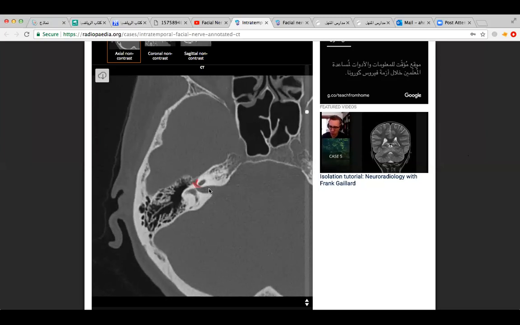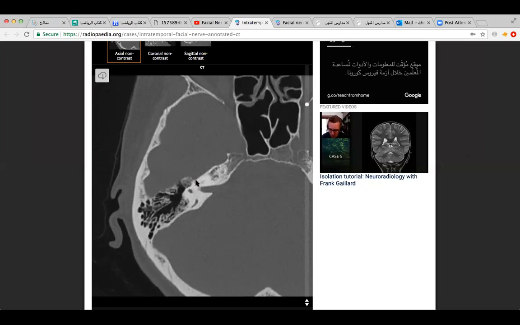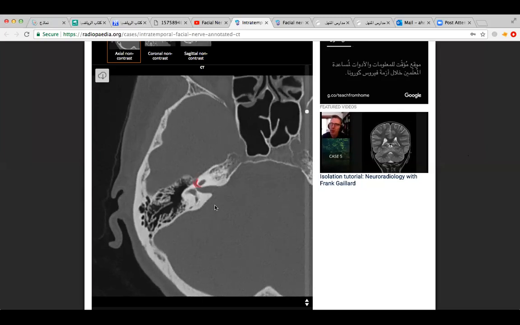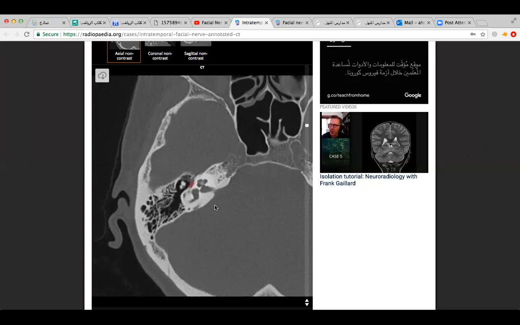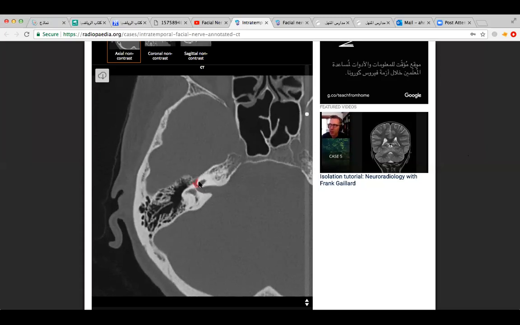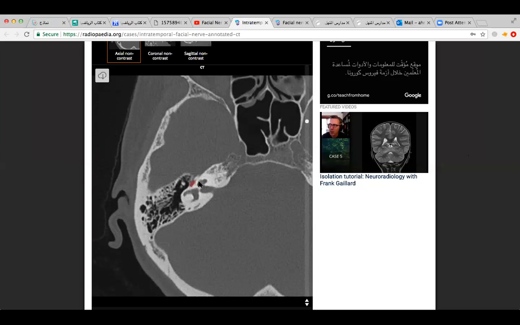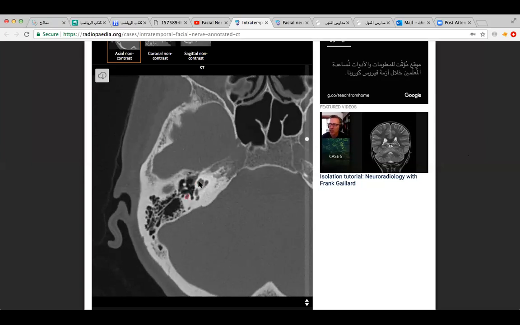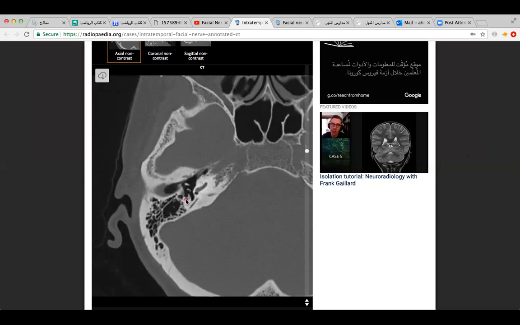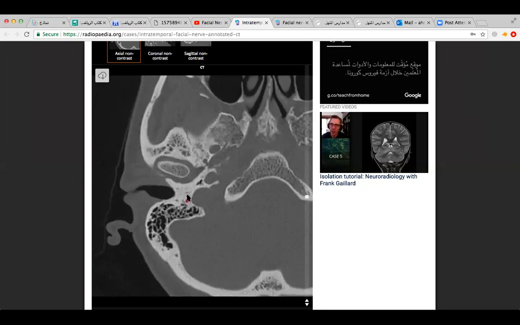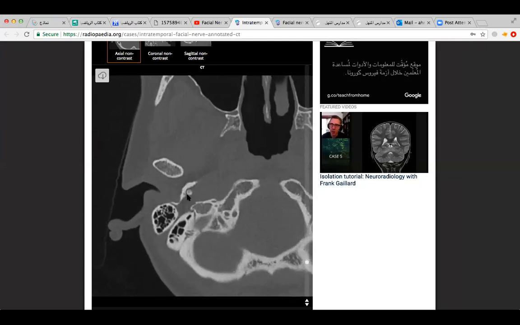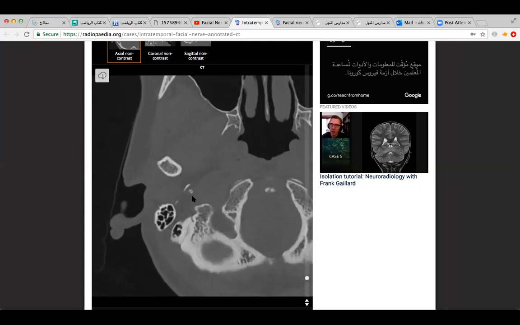Here is the nerve going through the temporal bone. And you see the red lines. And here where it bends. So here is the geniculate ganglion. Goes posterior, then inferior, and goes out between the styloid and the mastoid.